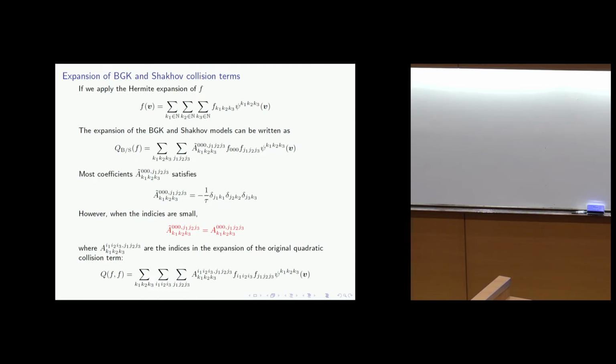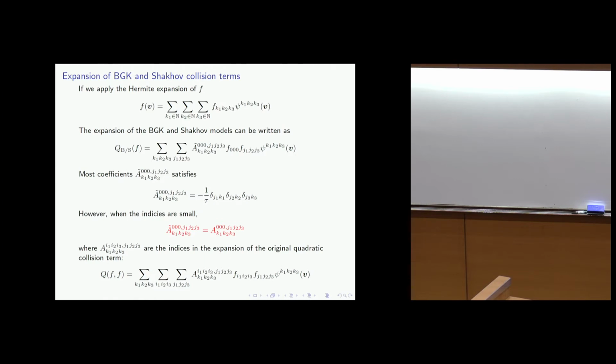However, if you look at these coefficients, they can be considered as a matrix, because you have one set of indices J1, J2, J3, and the other set of indices K1, K2, K3, so they look like a matrix. For most cases, these coefficients satisfy this condition.